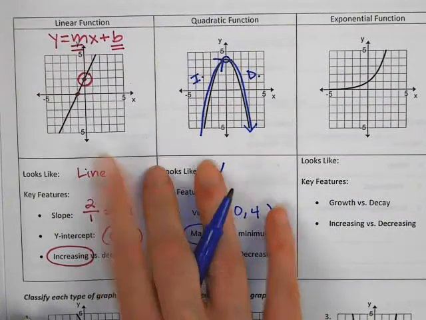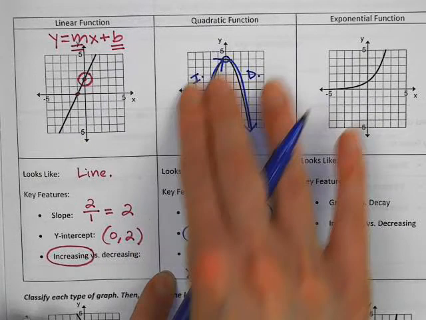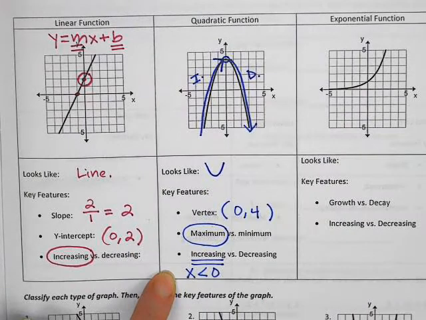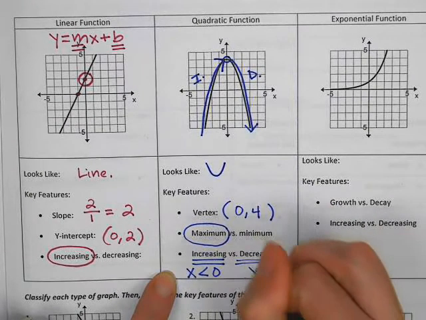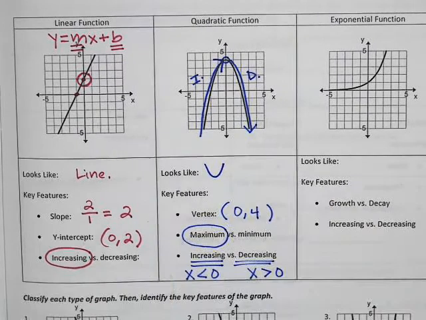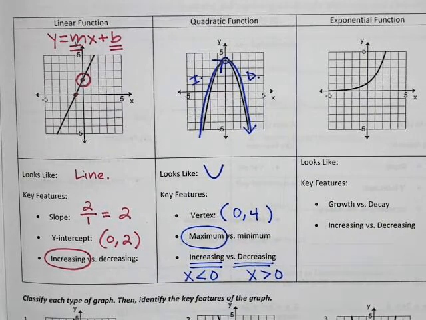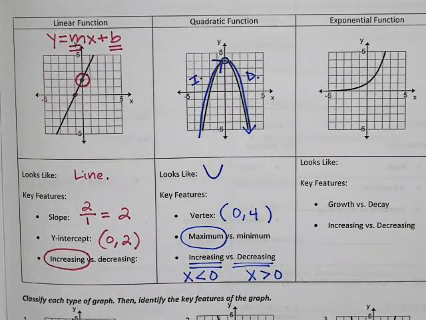Any x values that are less than 0, the graph is increasing. And then any x values that are greater than 0, the graph starts decreasing. We'll talk about that more in class. I know that's kind of a confusing topic.